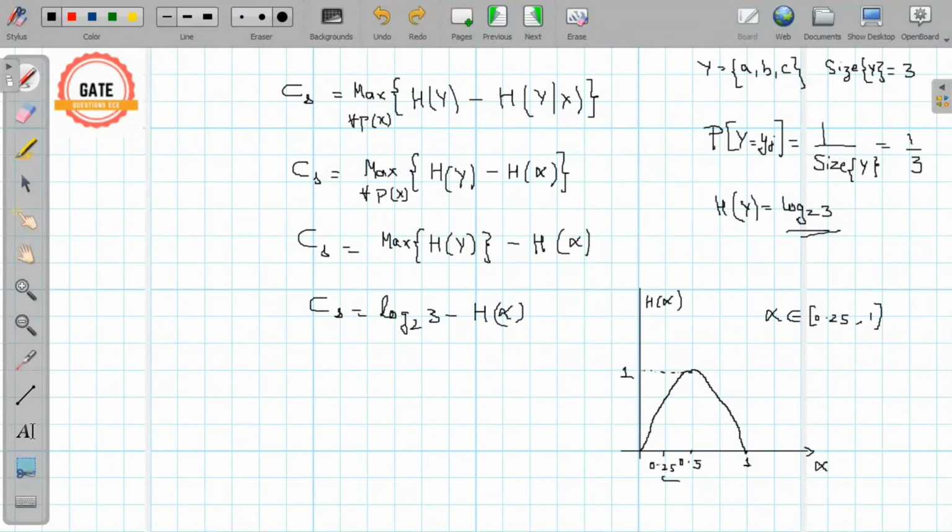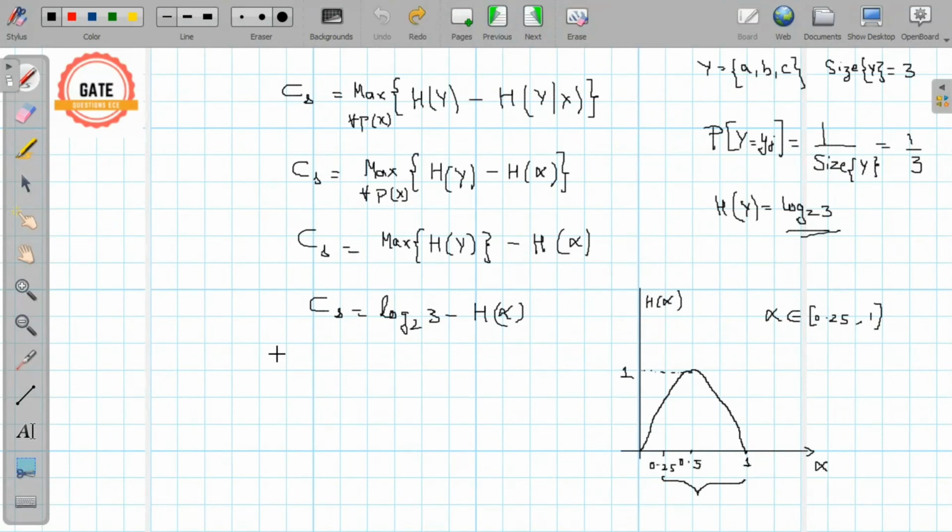So alpha can take values only in this range. Now it is asked in this question to calculate the value of alpha for which capacity is maximum. For this term to be maximum, H of alpha has to be minimum. And in this diagram, you can observe H of alpha is minimum at this point. Its value is 0 and the corresponding value of alpha is 1.